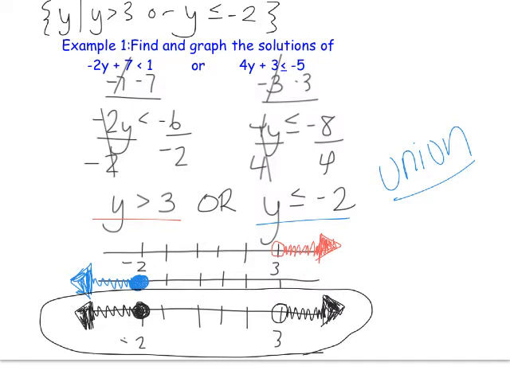The interval gets a little tricky here. For interval notation, we would read our number line from left to right, and we would say that this arrow here represents -infinity. And then our solution goes all the way up to -2 and we stop. Then we jump to 3 and we go all the way up to +infinity.